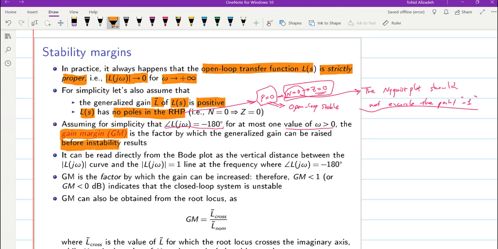Now, if we continue to increase the gain of the system, the generalized gain L tilde or K, at some point, the point -1 might be encircled, and as a result, the system will become unstable. The amount of the increment that we can have for the gain before the system becomes unstable is called the gain margin.